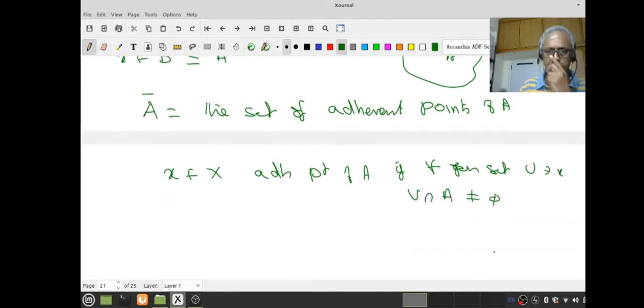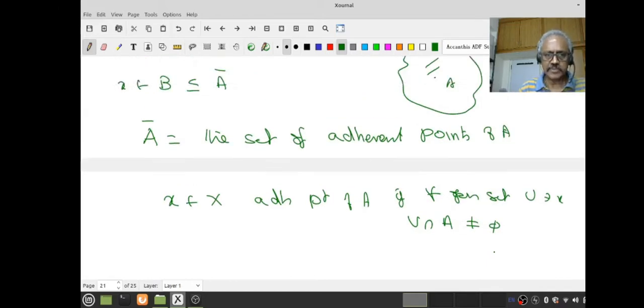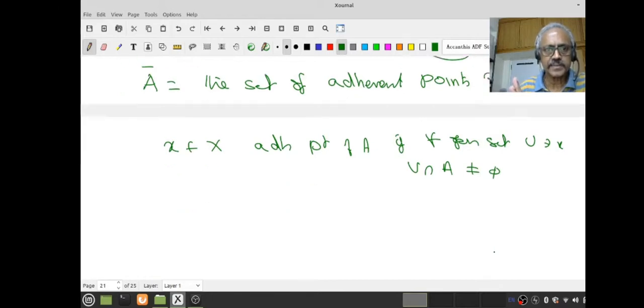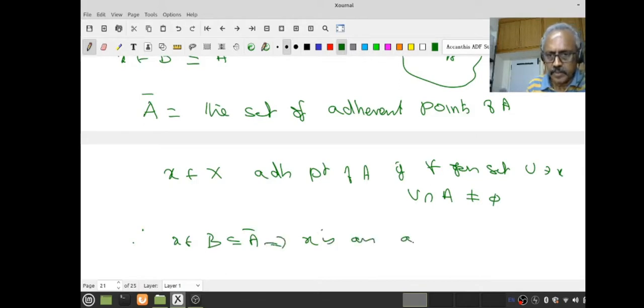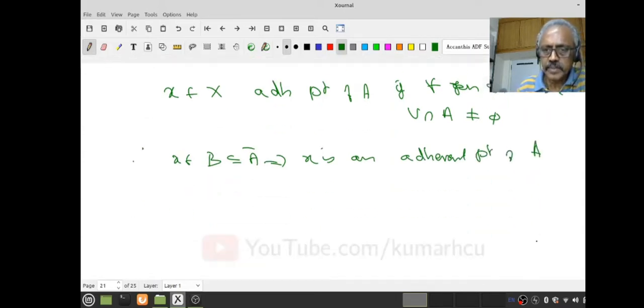That's the definition of an adherent point, right? Now start with an x in B. B is contained in A closure, therefore x is an adherent point of A. You follow that? Therefore, if x is in B and B is contained in A closure, it implies x is an adherent point of A, right?